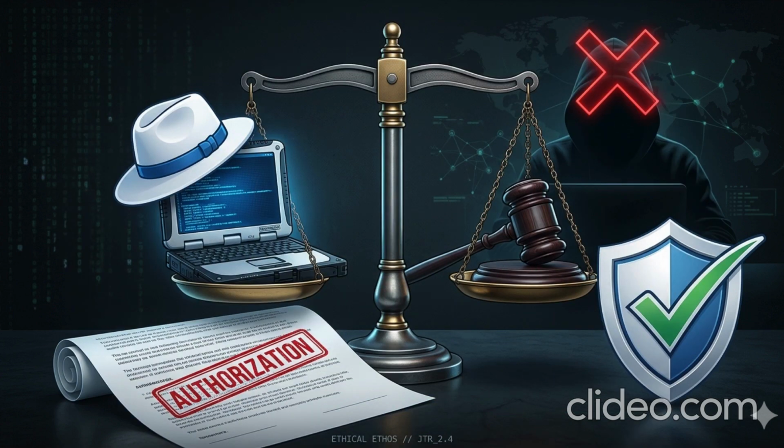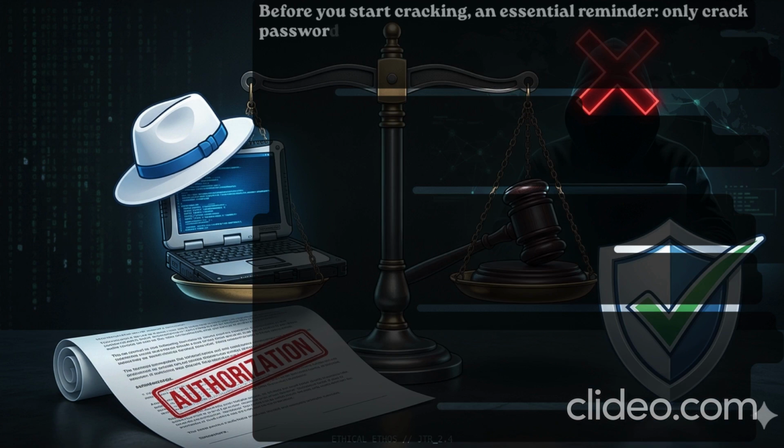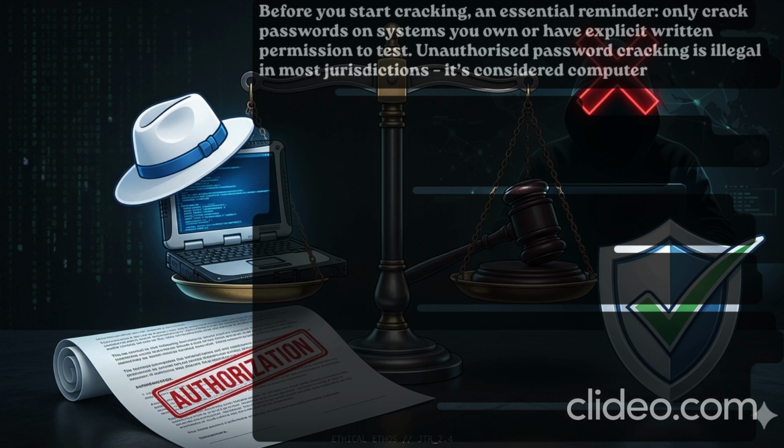Before you start cracking, an essential reminder: only crack passwords on systems you own or have explicit written permission to test. Unauthorized password cracking is illegal in most jurisdictions. It is considered computer misuse or even a felony.